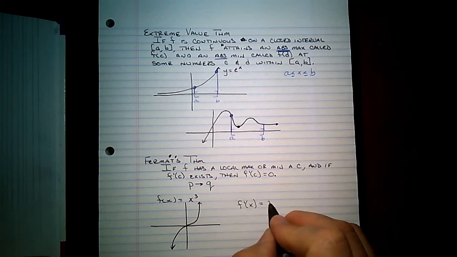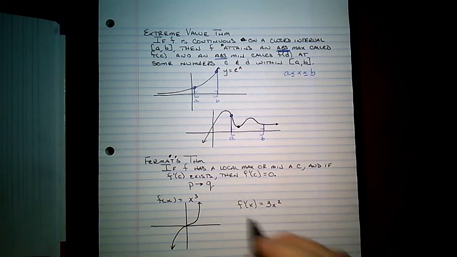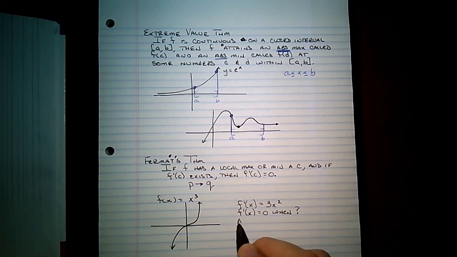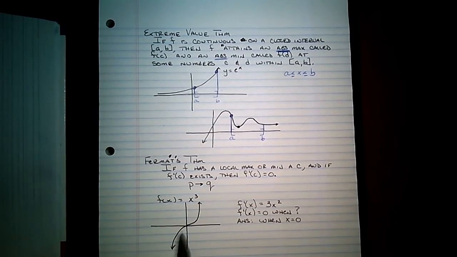If you take the derivative of this, you get 3x squared. If you set that equal to 0, f prime of x equals 0, when? That's our question. Well, we all know when 3 times x squared equals 0. The answer is when x equals 0. But if you look at this graph, that's not a local min. That's not a local max. It's neither.